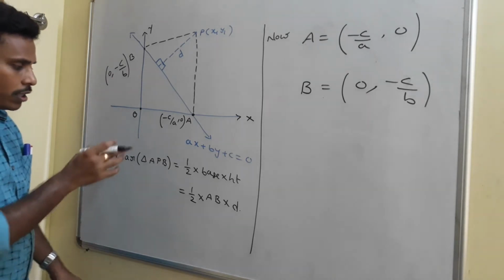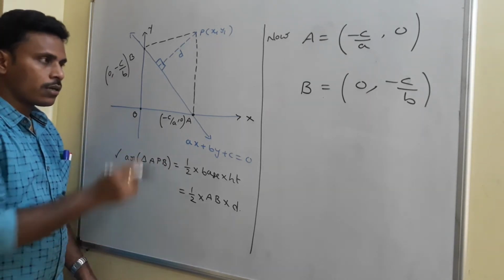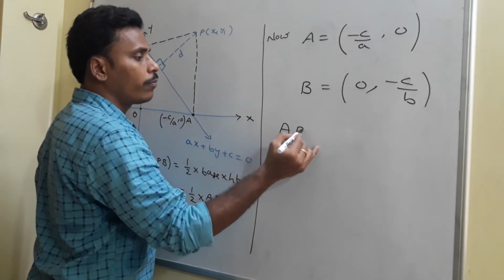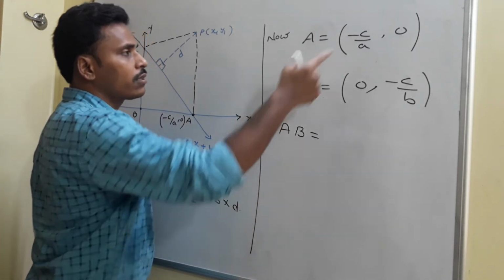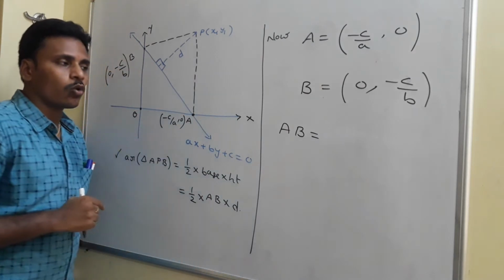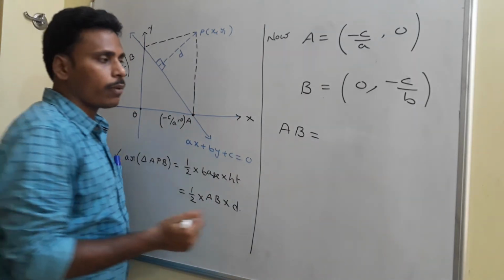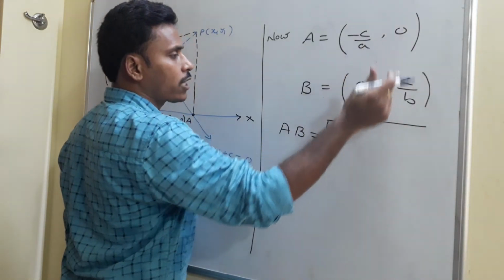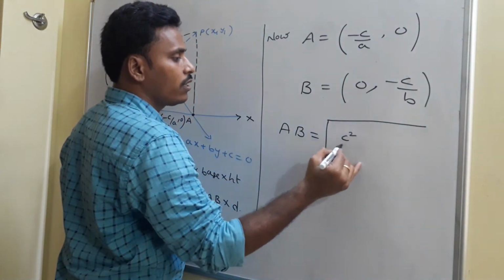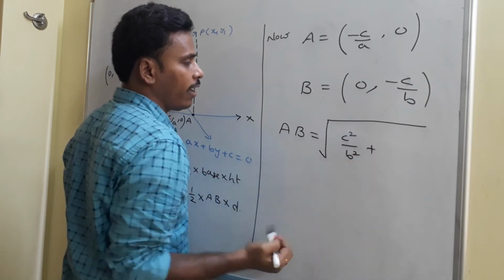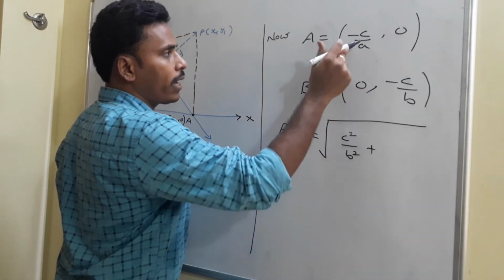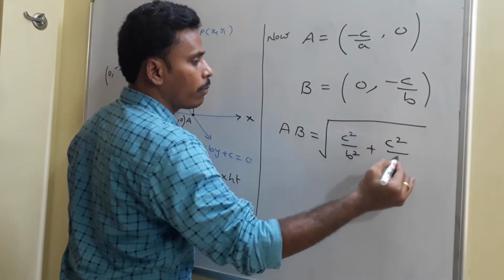And now see, to find the area in one direction, I need the distance between A and B. The distance between AB is, use the formula, root of x2 minus x1 whole square plus y2 minus y1 whole square. So x2 minus x1 whole square is just c square by b square, and y2 minus y1 whole square is 0 minus of minus c by a, which is c square by a square.